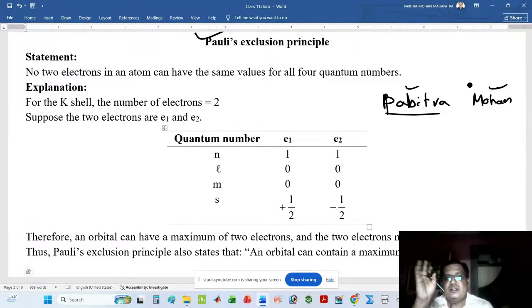You cannot find two people who have all things the same. All things means the structure of the body, personal work, professional work, educational qualification, address, place, everything. If you think about everything, then you will not find two such persons on the earth.